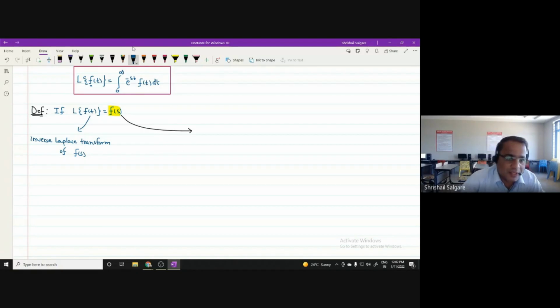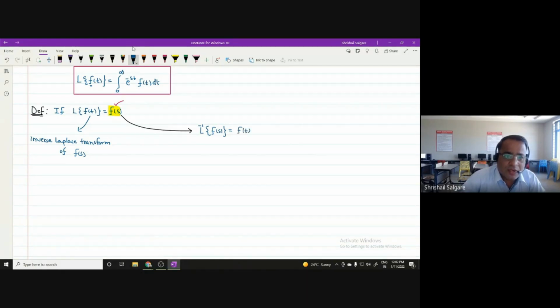Okay, then I will take the inverse Laplace of the function on the right side. The inverse Laplace of F of s is given by... Now on the left side, if you apply the inverse, it becomes an identity transformation and you get the original function.